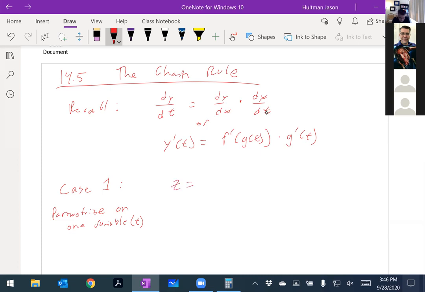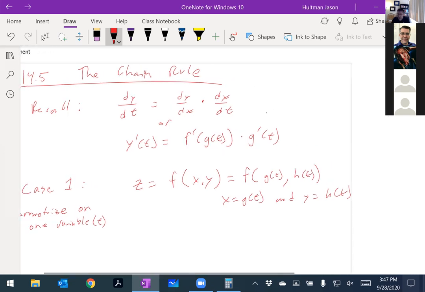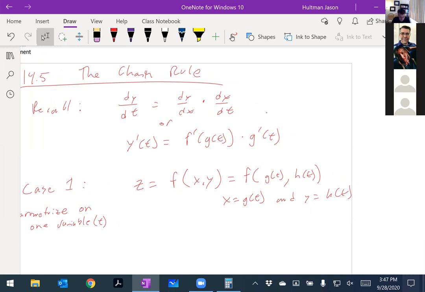So this is when we have z equal to f of g of t, comma, h of t, where x equals g of t and y equals h of t. Does that make sense? So it's kind of like, hey, we have a multiple variable function, but we're going to parameterize that x and y on t.